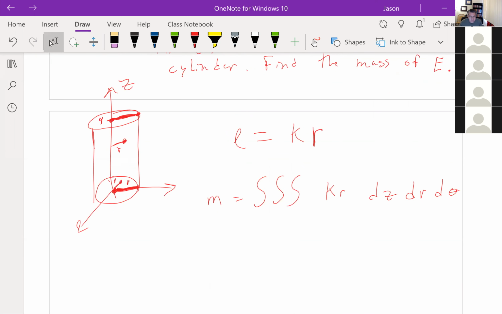So actually it's not, I lied. What did I do? I did a cardinal sin here. It says r dz dr d theta. Don't forget the extra r.